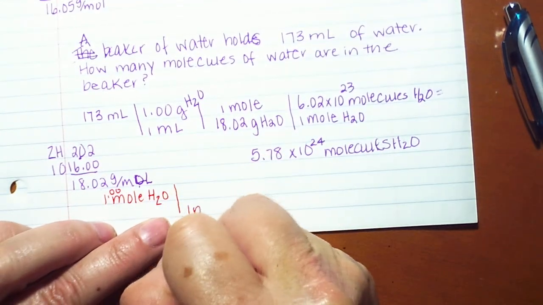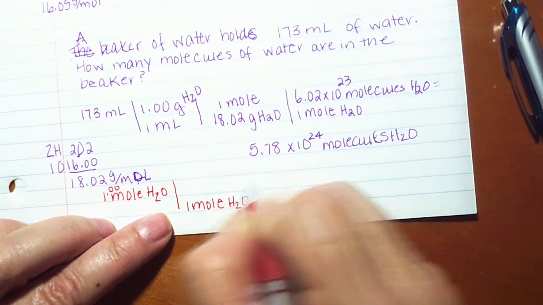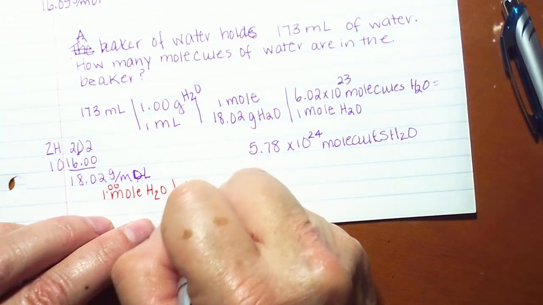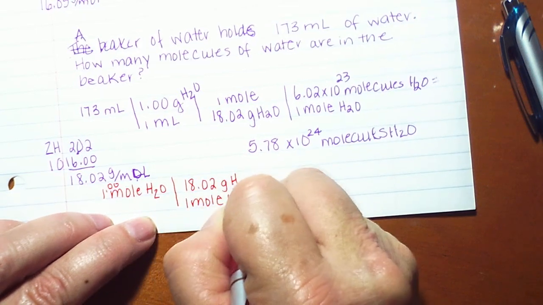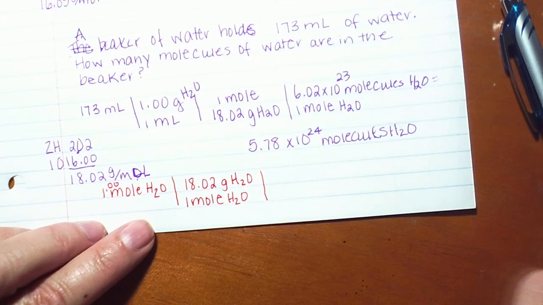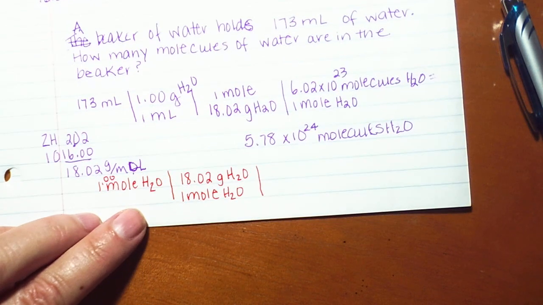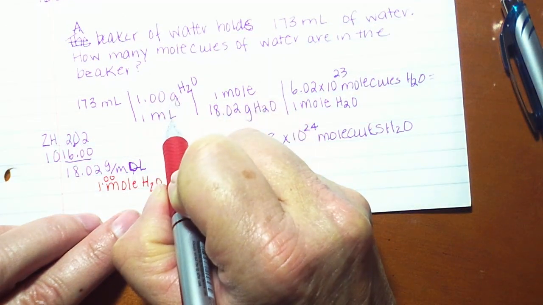So 1 mole of water is equal to 18.02 grams of water. Now we want to get to milliliters because we're looking for volume of water, right? What volume is that mole going to take up? We know that 1 gram is 1 milliliter.